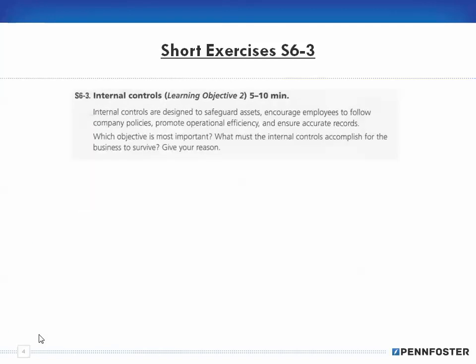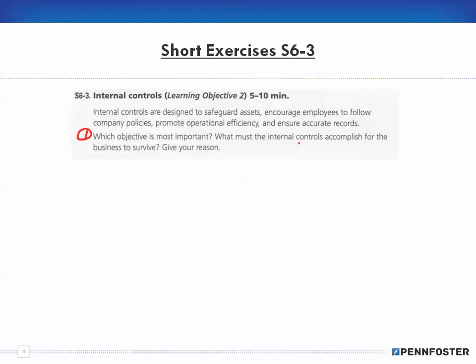All right. 6.3. Let's see here. Internal controls are designed to safeguard assets, encourage employees to follow company policies, promote operational efficiency, and ensure accurate records. Which objective is most important? So that's 1.